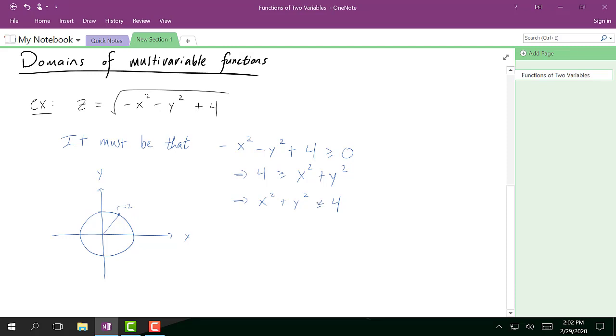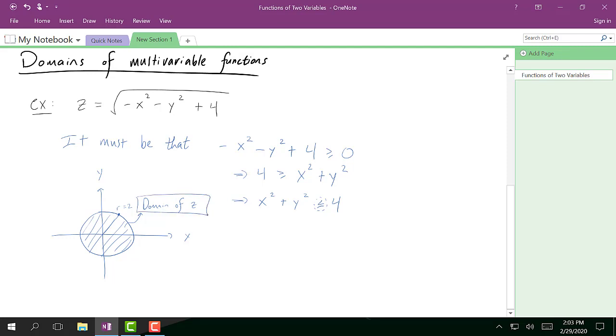But since we have this less than or equal to inequality, it's going to be everything also inside of the circle. So we're going to get this nice disk. And so this area that I have shaded here is going to be the domain of the above function z.